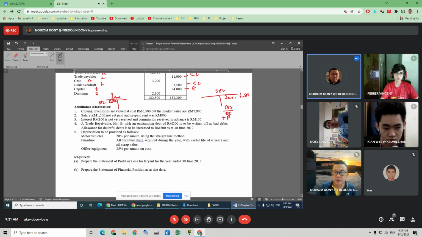Now, remember this cost of sales is on the debit side of SPL, isn't it? Inventory is on the opposite side. So we have to change the symbol, become minus closing inventory. So that explains why we have this formula in statement of profit or loss, that is cost of sales, opening inventory plus purchases less closing inventory.